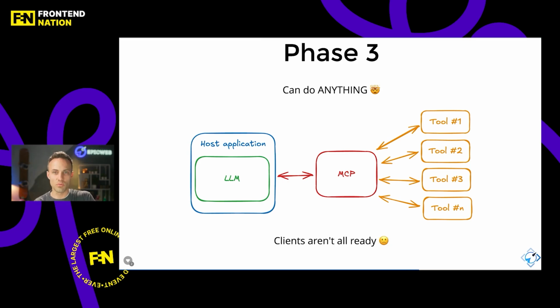The biggest problem right now is that clients aren't really ready just yet. The user experience needs to improve to get to where I expect we will eventually get with this Jarvis-like feature. But this is the protocol that's going to get us there.